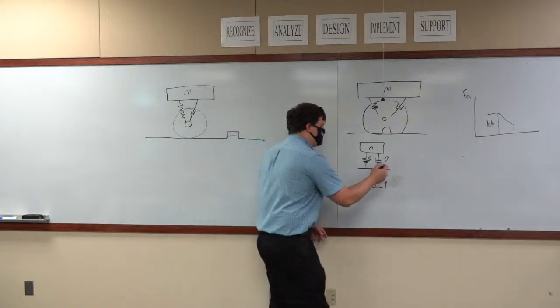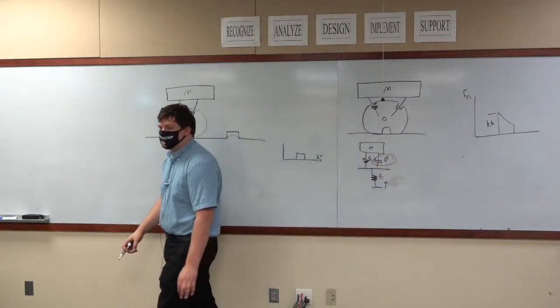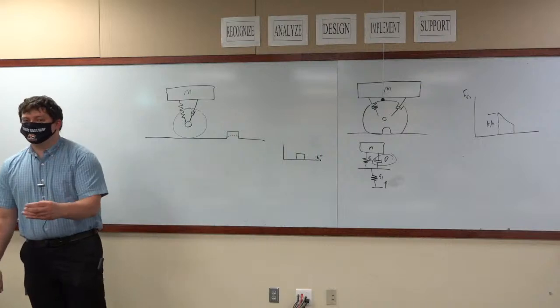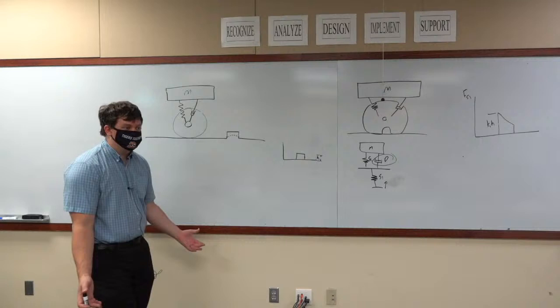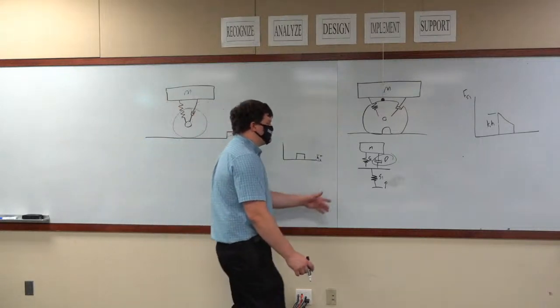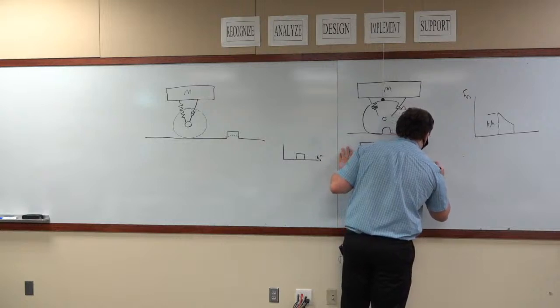Why is that? Because this damper cannot allow a vehicle to suddenly reach an infinite velocity. The force being exerted by this damper, Fd, is equal to C x dot.